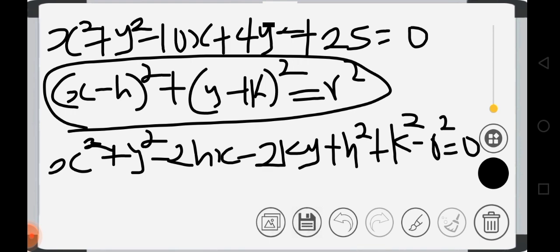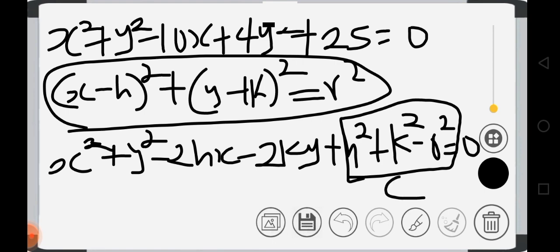This is what you're going to have. And this part, if you check, there's no x there. We call that side constant. Anything that doesn't have x or y, we call it constant.